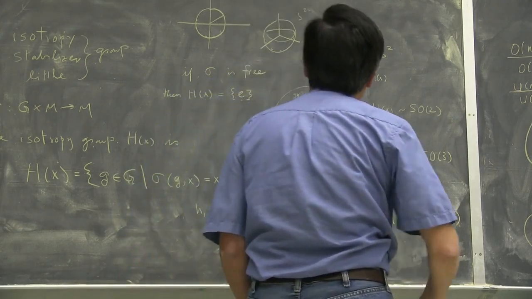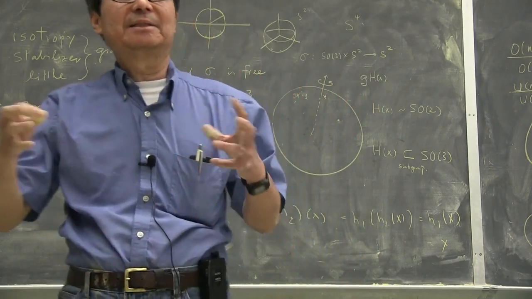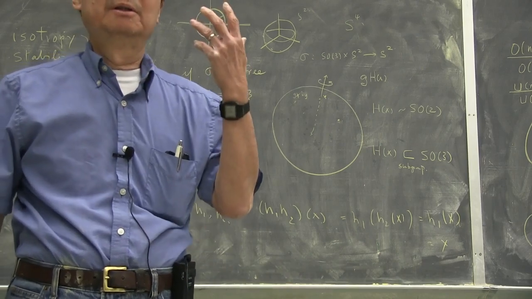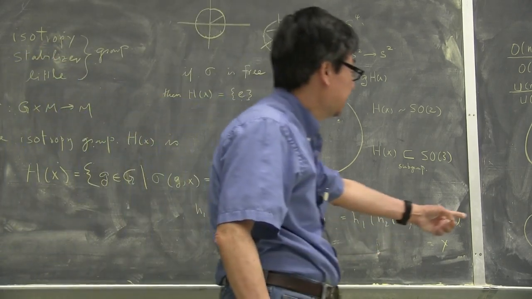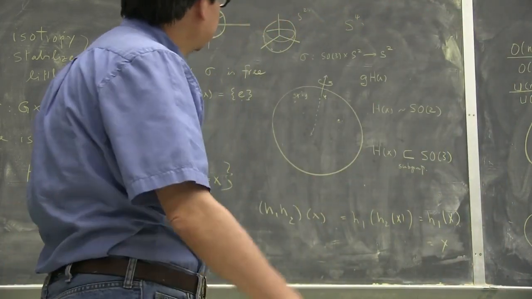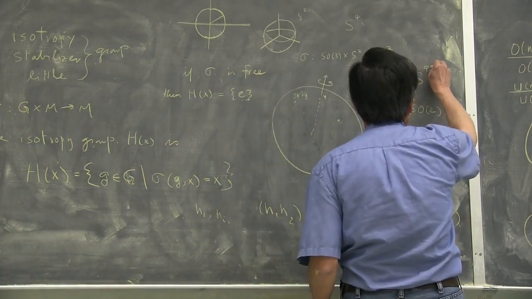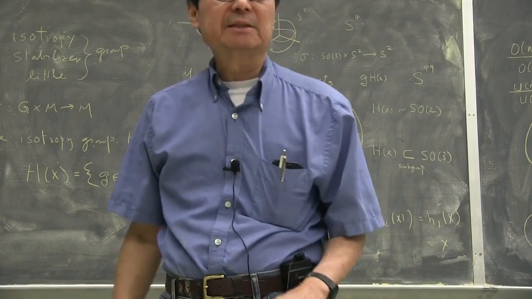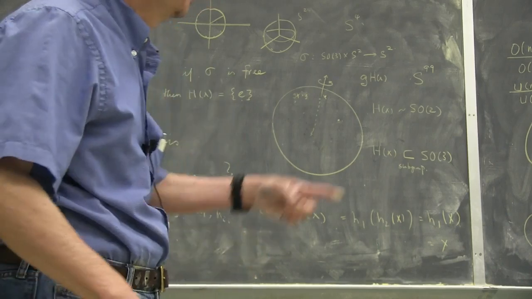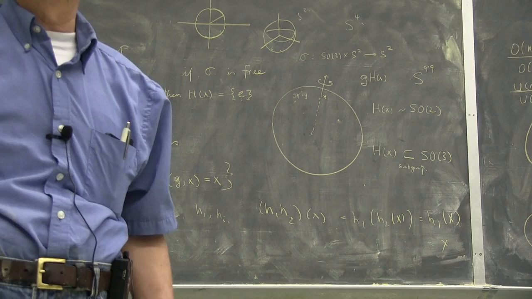Similarly, you can think of S4, although I cannot draw it now, as being a subset that is immersed in R5. Now, the subset of points must satisfy this condition in here. In a similar way, you can think of S anything whatsoever. You can think of S99 as being a subspace of R100, and that's a set of points for which the squares of all the 100 coordinates add up to be a constant number, and so on and so forth.